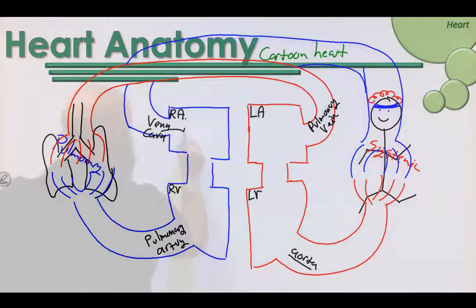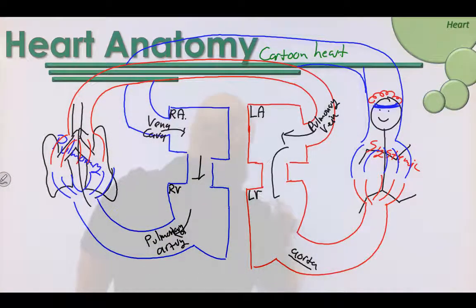Oh, and isn't this nice? We have a network and a pretty obvious pathway with directions that blood flows. I would definitely be aware that your heart is broken up into two halves, a right half and a left half.